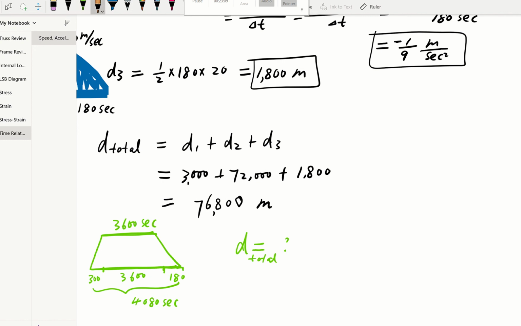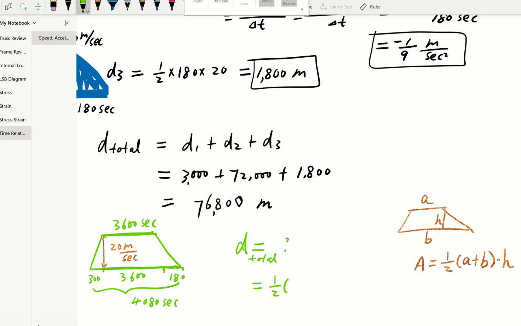And what is the height right here? That's going to be our 20 meters per second. So what's the trapezoid area? If this is A, this is B, this is our H, the area of a trapezoid is half of the 2 bases added together times H. It seems like we know all those 3 dimensions. We can go ahead and solve this trapezoid area.